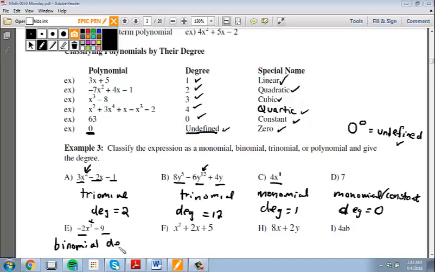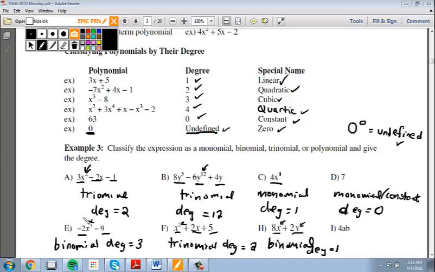And the degree is 3. F, 1, 2, 3 terms, so a trinomial with highest power 2. And H, 2 terms, so binomial, and degree is 1 because the highest power terms were both 1.